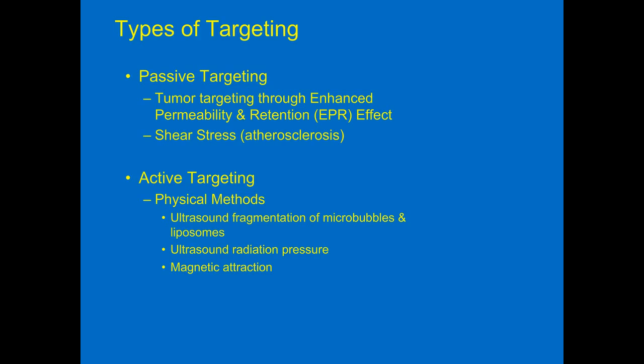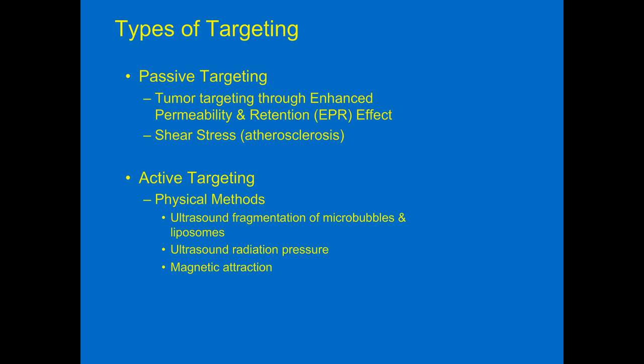In atherosclerosis, which is our focus, there are a number of formulations that can end up in areas of turbulent flow in arteries, which is where atherosclerotic plaques or atheroma tend to form. And then active targeting. There's two types of active targeting.